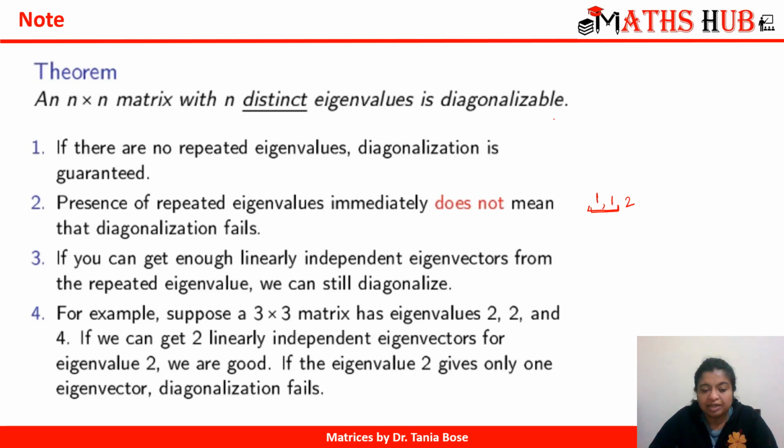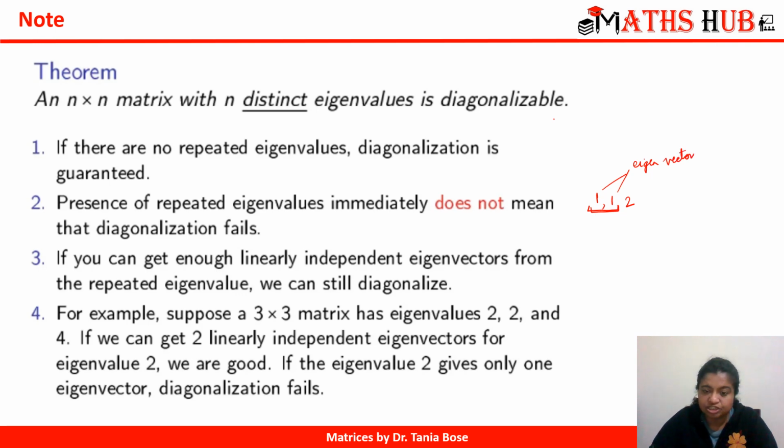Third, if you can get enough linearly independent eigenvectors from the repeated eigenvalues, then we can still diagonalize, right? It might happen that for two repeated eigenvalues, we only get a single eigenvector. In that case, diagonalization is not possible.